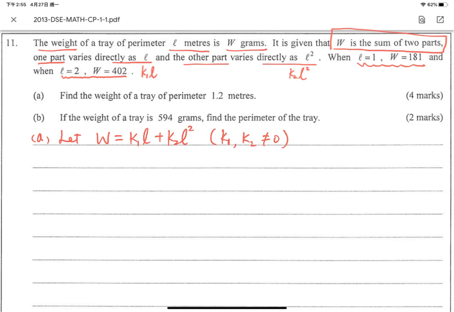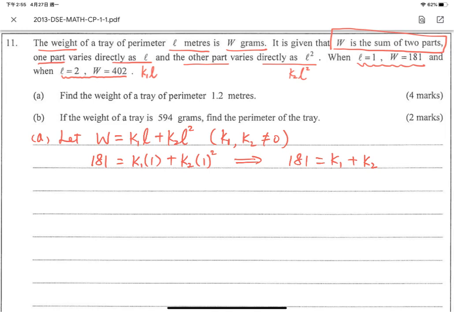Then input the first piece of information: when L equal to 1, W equal to 181. So 181 equal to K1 times 1 plus K2 times 1 squared, which is still K1 plus K2. Okay, this is the first equation.